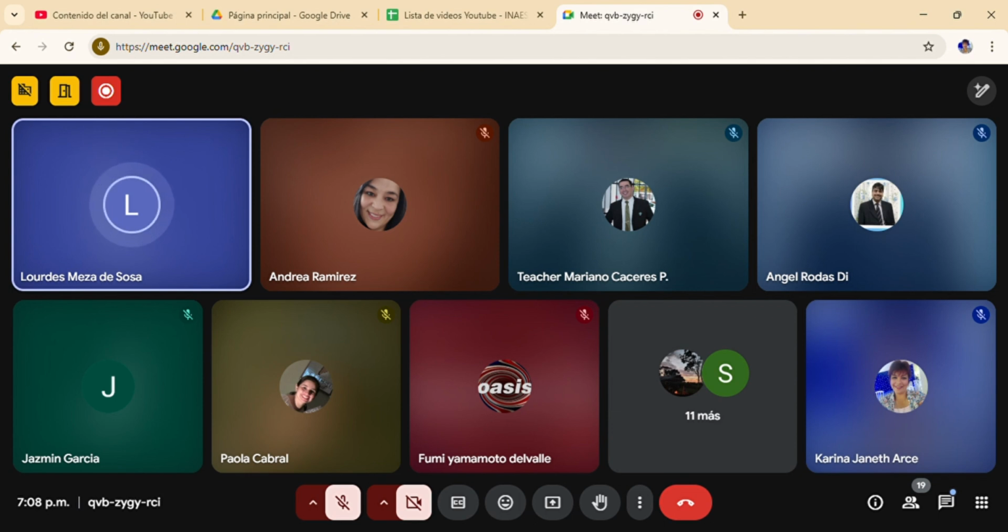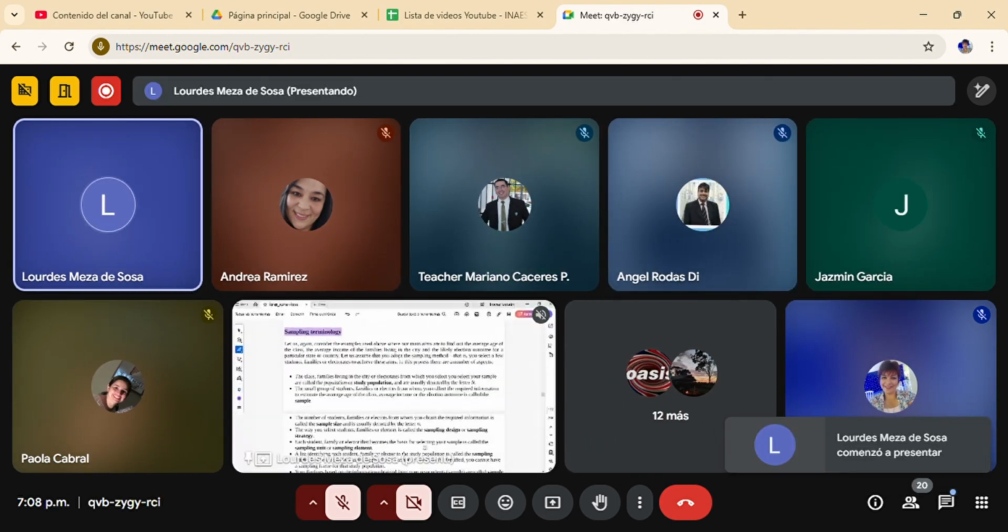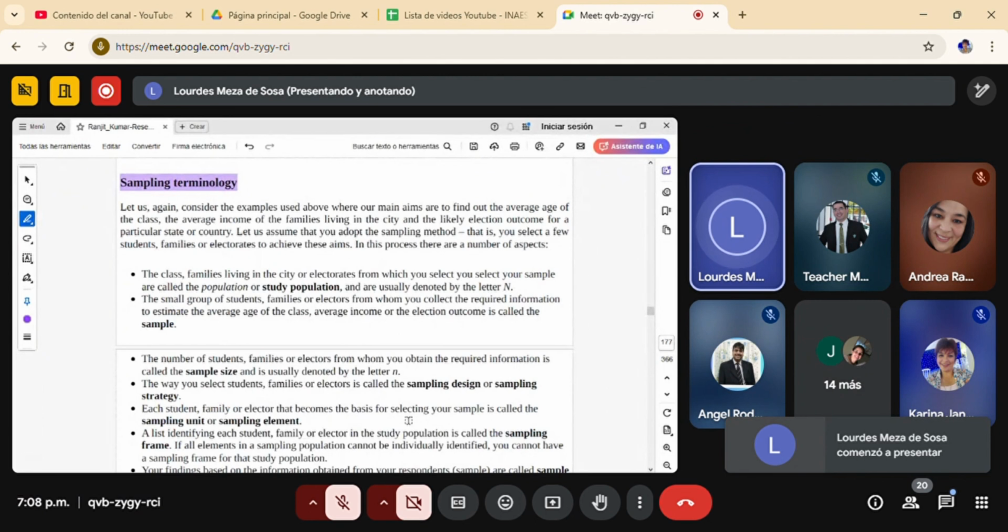They probably ask you how you have taken the sampling, and you have to know what they're talking about, right? This is in the Ranjit Kumar book. You can access it because it's in the link of your platform. So what is the sampling terminology?